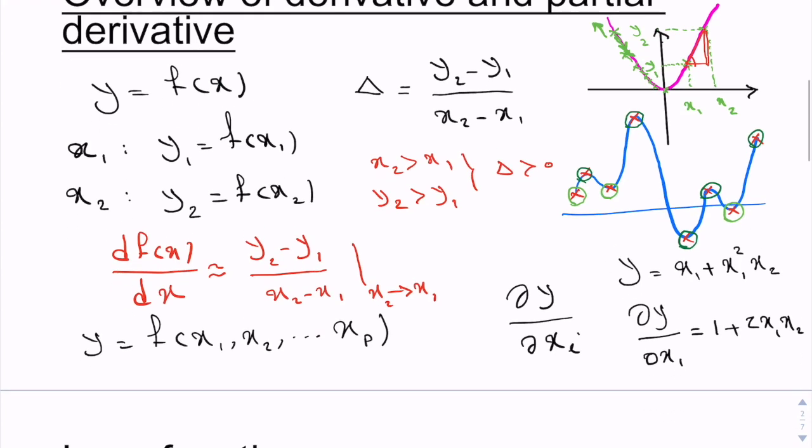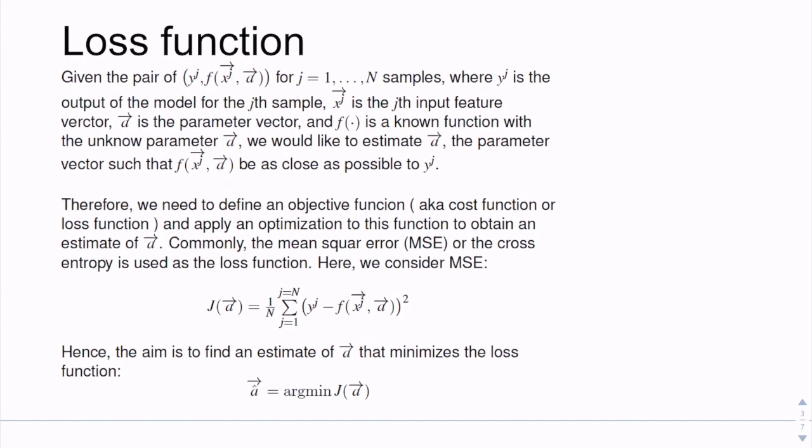Okay, so now we are ready to formally approach the gradient descent algorithm. Here we define a loss function. As I said, for all classification problems, we define a loss function, and the objective is to minimize this loss function with respect to some parameters, and these parameters are the parameters of the classifier.